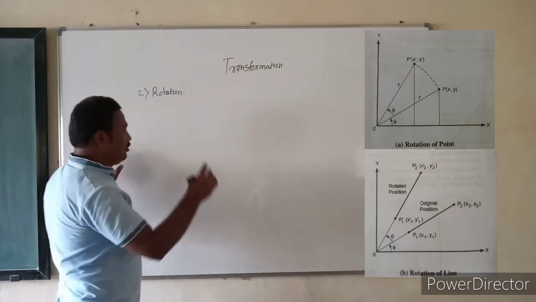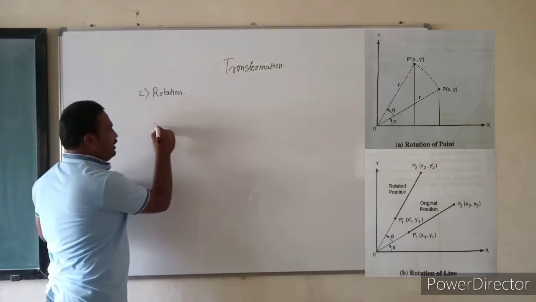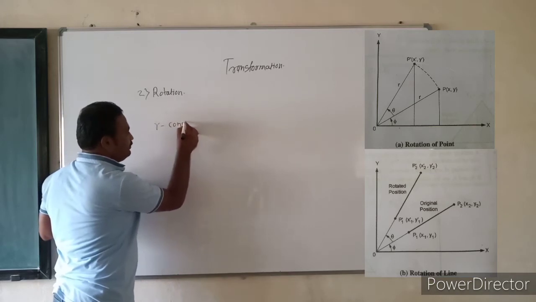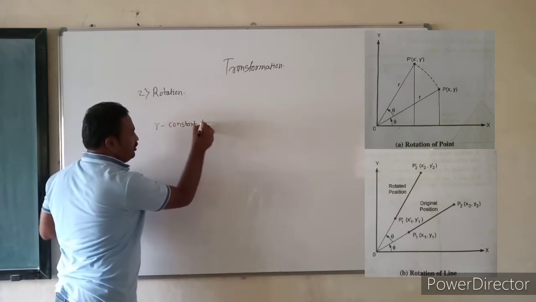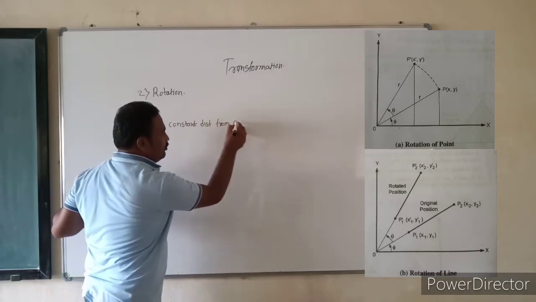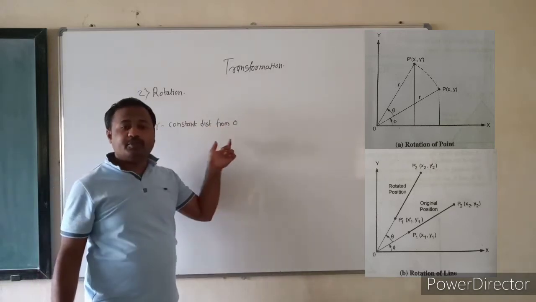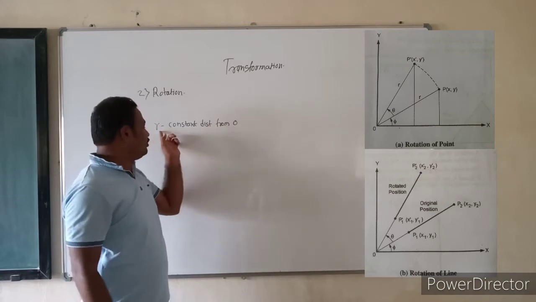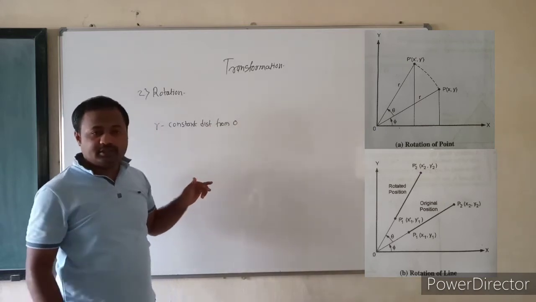In this rotation figure, r is the constant distance from the origin O.